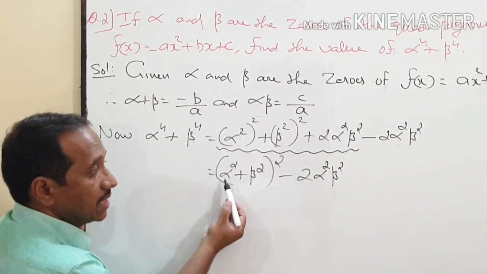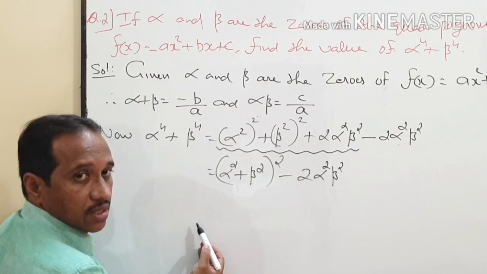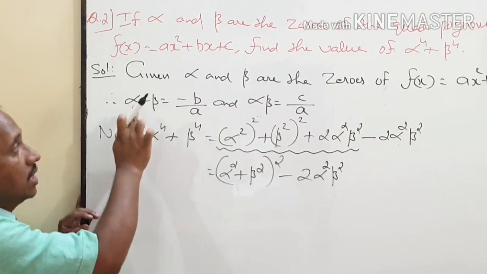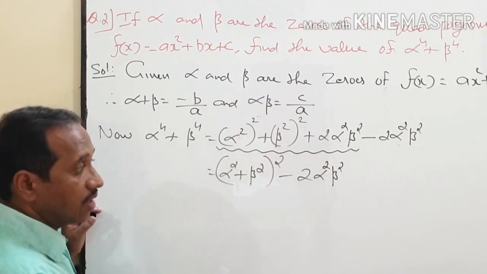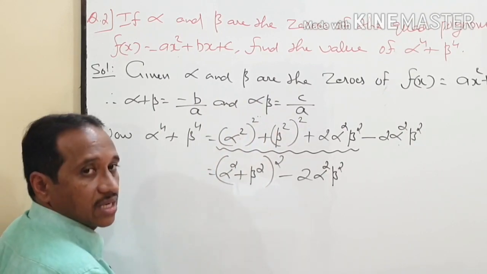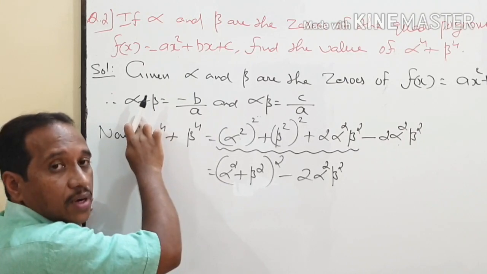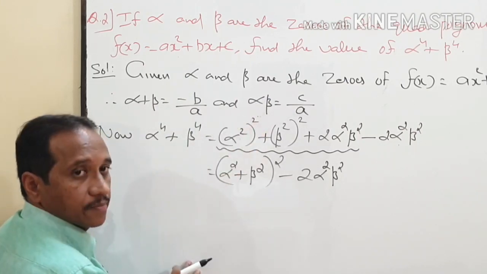Again we have here alpha square plus beta square. We have the values of only alpha plus beta and alpha beta. So again we have to convert alpha square plus beta square in terms of alpha plus beta and alpha beta.